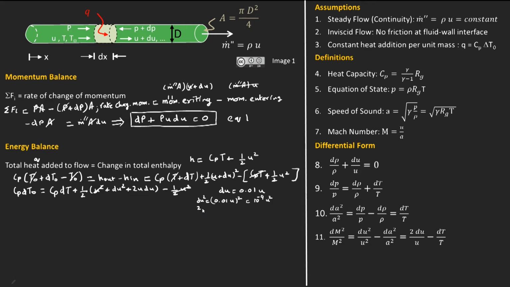Similarly, 2u du can be computed to be 2 times u, and using the same argument that du could be 0.01 u, times 0.01 times u, which gives 0.02 times u square.